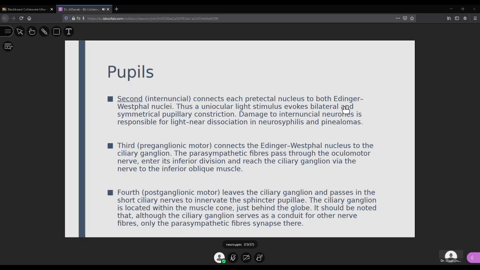The ciliary ganglion is located within the muscle cone just behind the globe. It should be noted that although the ciliary ganglion serves as a conduit for other nerve fibers, only the parasympathetic fibers synapse there.